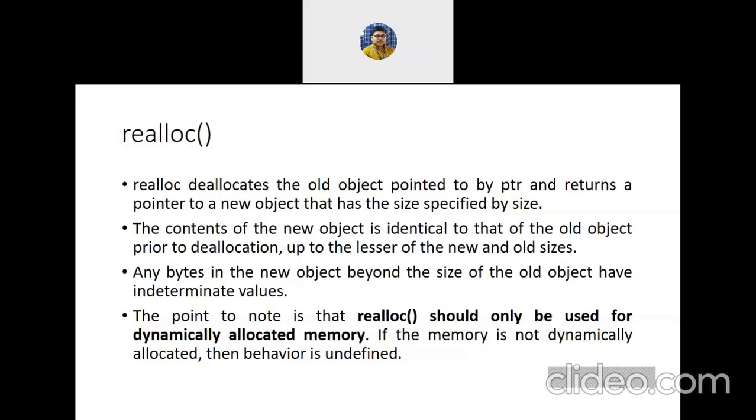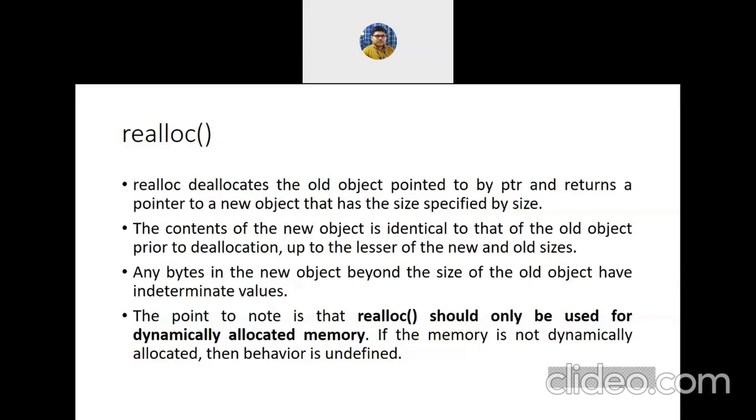So if you consider this situation, you have 5 elements, 11, 22, 33, 44, 55. Now you have allocated 10 integers. Fine. So that means the memory for 5 integers gets deallocated, and memory for 10 integers is allocated, and the 5 integers that you already had in the previous memory allocation get copied to the new memory before deallocation. So you will not lose the previous data set that you already had in the previously allocated memory.